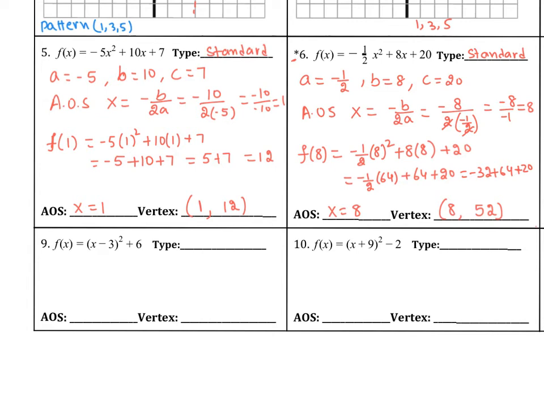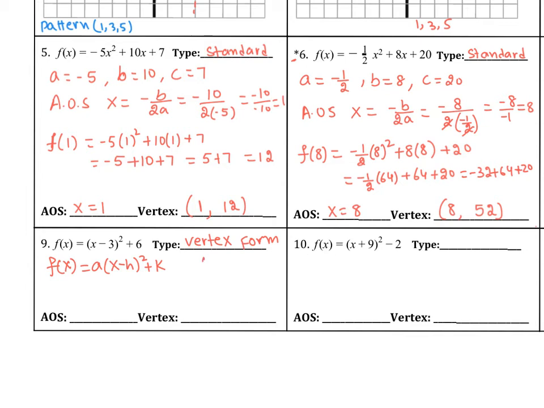Number 9 is given in vertex form, where h is going to be the x coordinate of the vertex, and we always use the opposite sign for h.